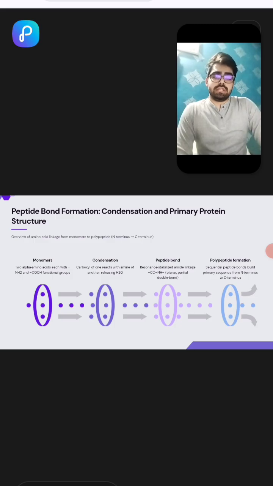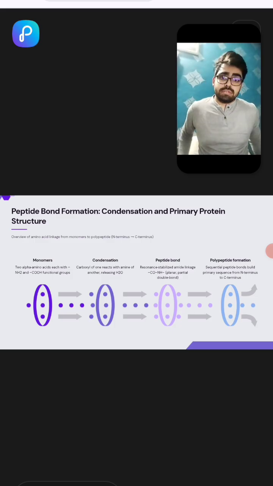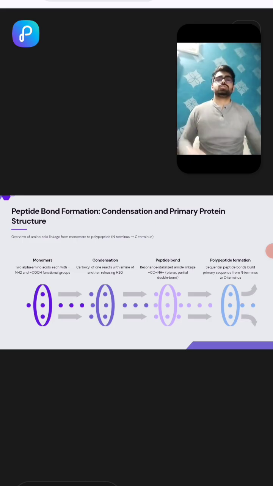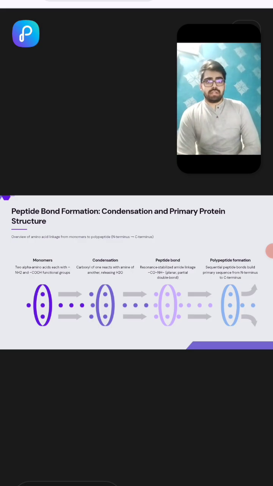So what is the bonding of N terminus and C terminus? The N terminus is basically the end of the NH2 group. In the compound, when we start from the amino side, it is the N terminus, and the ending atom, the C terminus, is basically the carboxylic group. So we start from the N terminus and end at the C terminus.